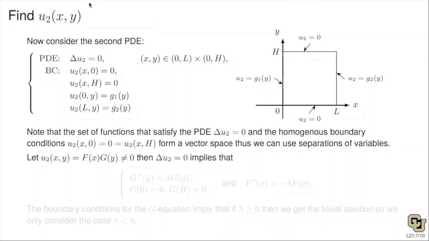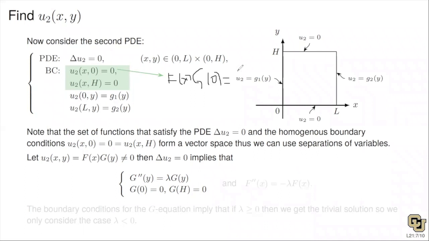And you get basically the same thing, except it's the G equation that has boundary conditions. Because here, when we do separation of variables, for example, this first equation will become, remember, I'm assuming U2 equals F times G. So this will become F of X times now G of 0 equals 0.